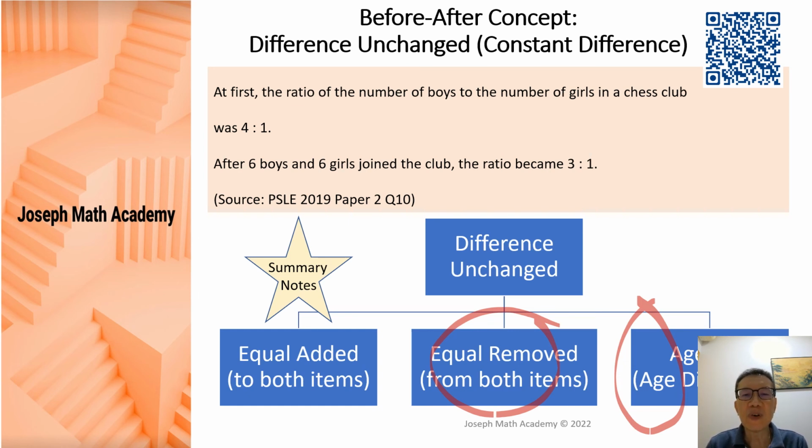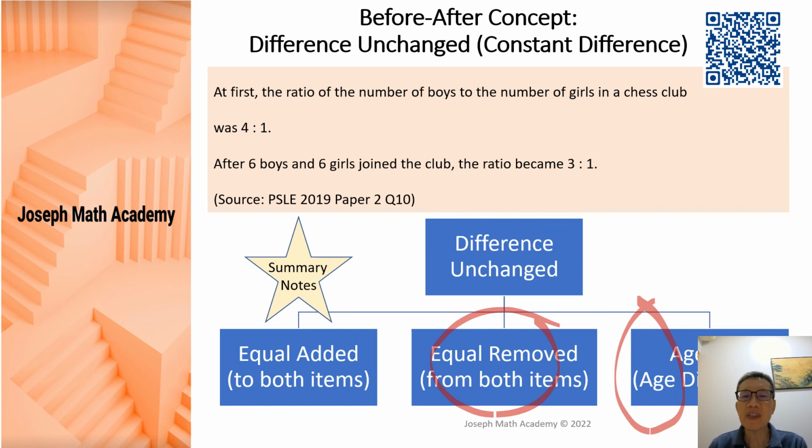So for us to solve word problems involving the before and after concept, difference unchanged, we must always look for clues by doing annotation. After doing annotation, we should be able to gather important clues, and the clues will help us understand how to solve the question by applying the correct concept.